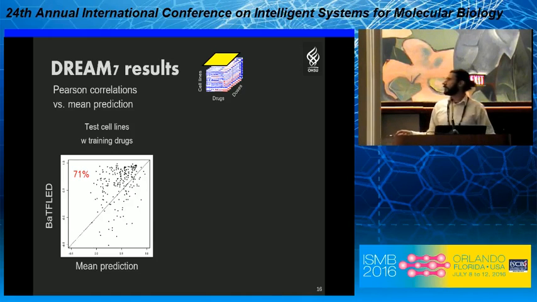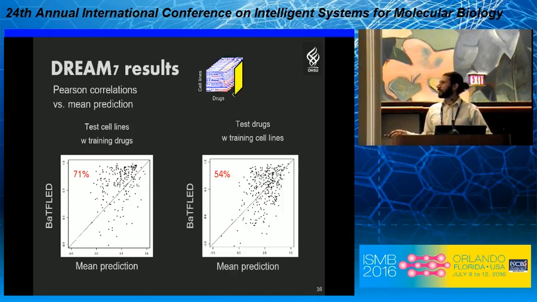Here the Pearson correlation for the mean prediction is on the x-axis, and for my model on the y-axis. So if I'm above the diagonal, then my model is predicting that drug better for a new cell line. This is the mirror for a new drug.